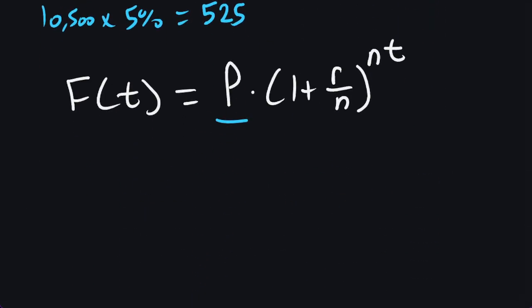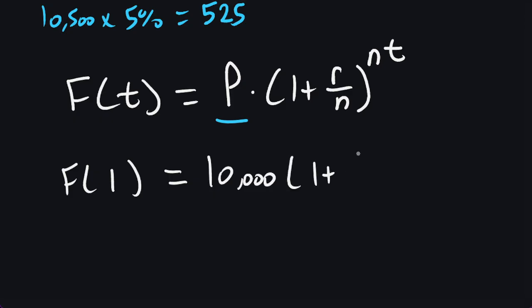We want t to be 1, so f of 1 equals p. So our principal is $10,000, times 1 plus our rate, 0.10, divided by n, which is 2, since we compound every 6 months, twice a year, to the power of n, which is 2, times our time, which is 1.